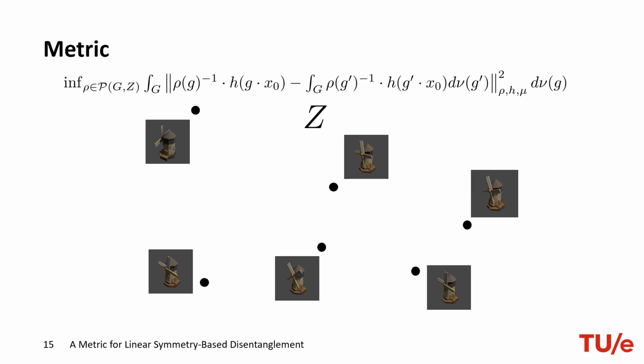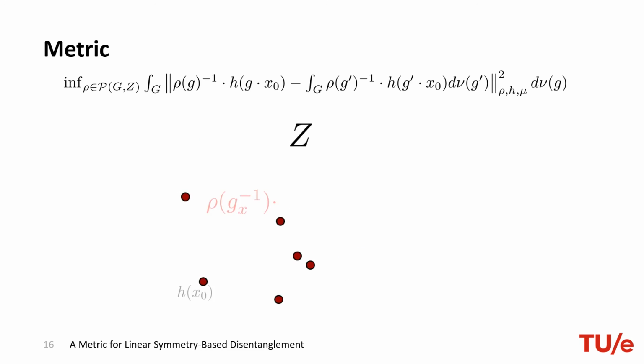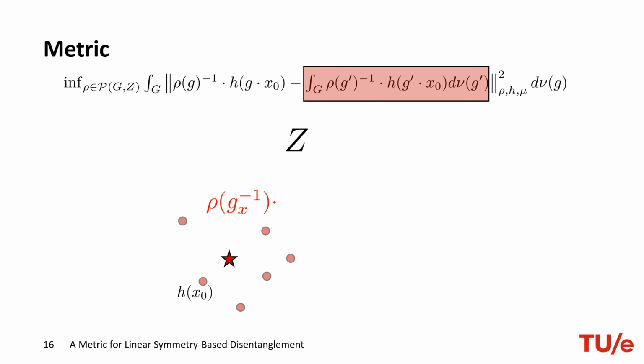We will explain in an intuitive way the process for the evaluation of the metric. If we apply the inverse action for an arbitrary group representation to each embedding, we would expect that if h is equivariant, all points should be concentrated around the base point embedding, that is h of x0. The highlighted term that we show here in the formula shows the average of the encoded data points' location in the latent space, which should be close to the embedding of x0.